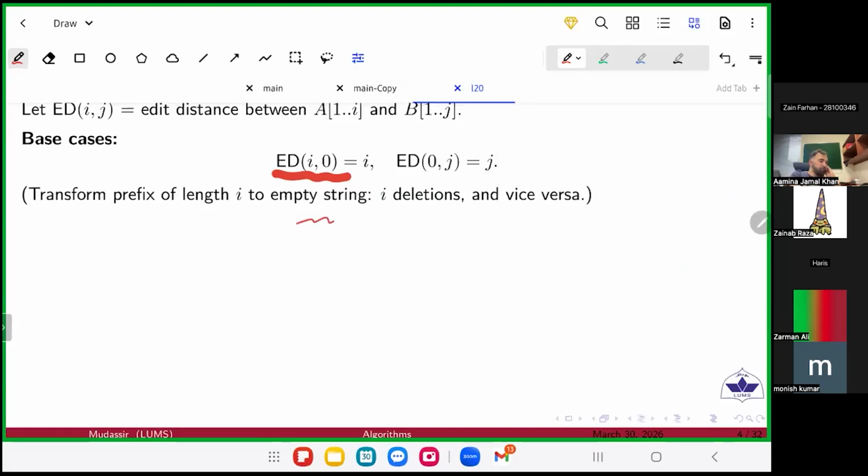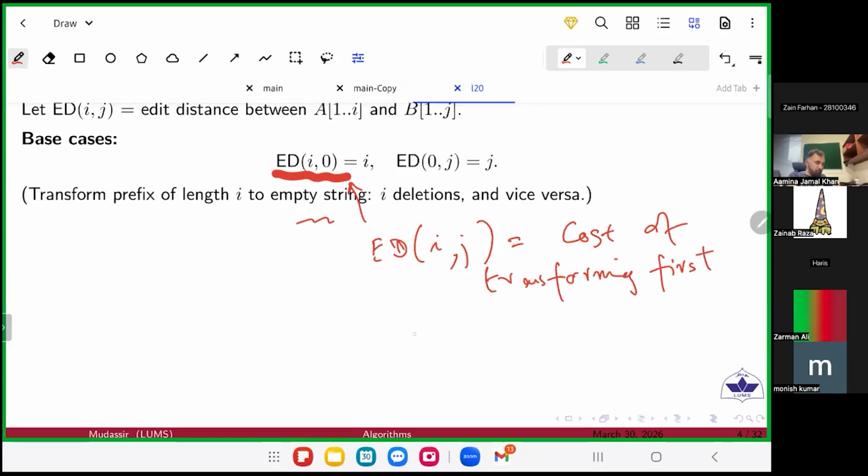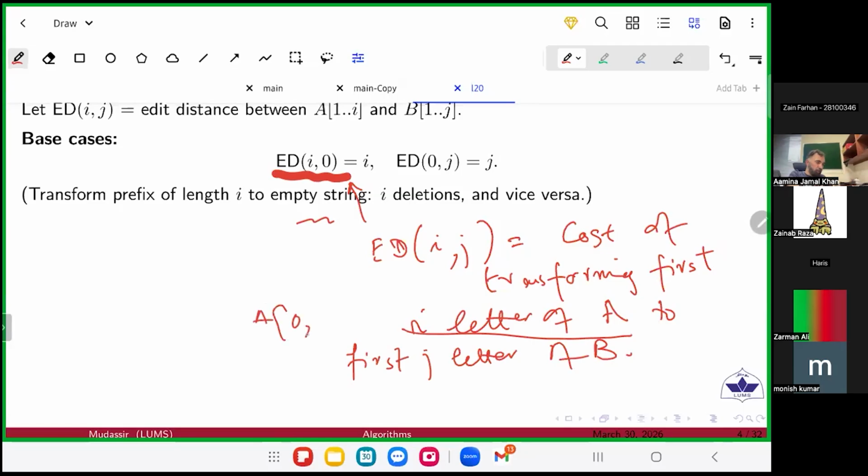notes app. All right, so ed of i comma j is the cost of transforming first i letters of A to first j letters of B. Okay, just wanted to make this distinction because this could mean, so for example, यहाँ पे first i letters would be A of 0 to i minus 1.